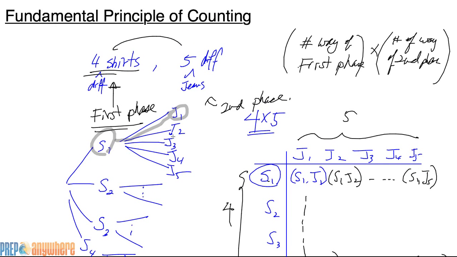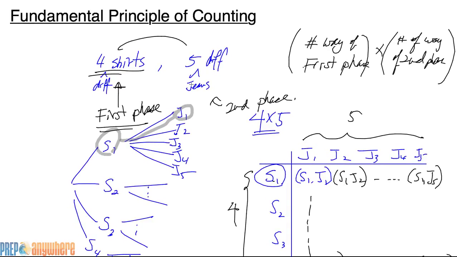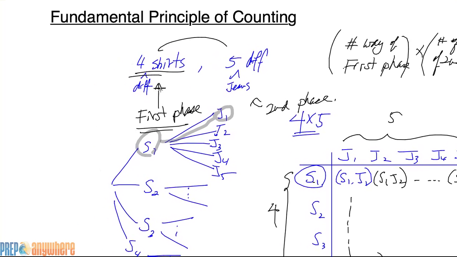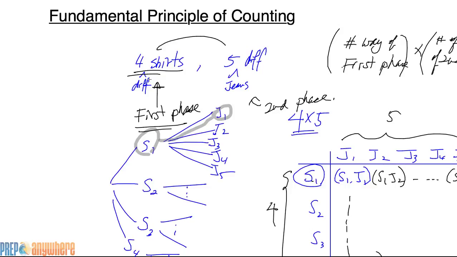If you don't use this step-by-step process and try to visualize 4 shirts with 5 jeans in your mind, it's kind of difficult, especially if I give you more. Let's say you bought 10 nice shirts and 12 different jeans, then 7 different hats, and 6 different types of makeup.